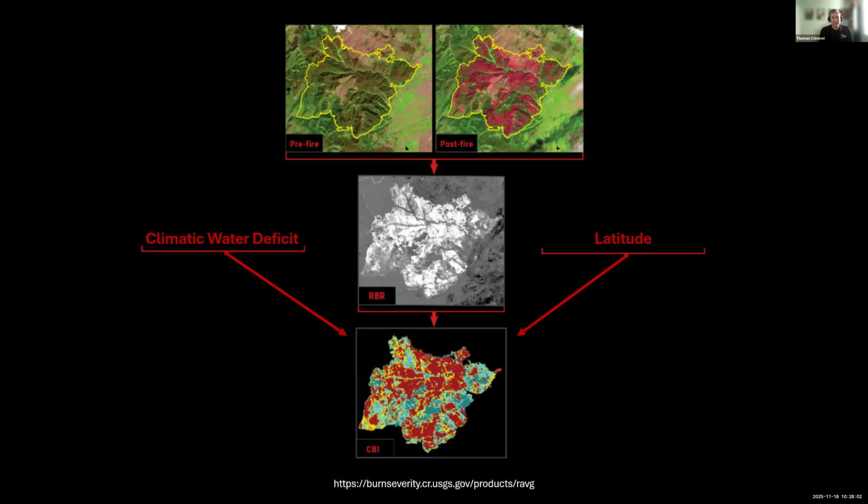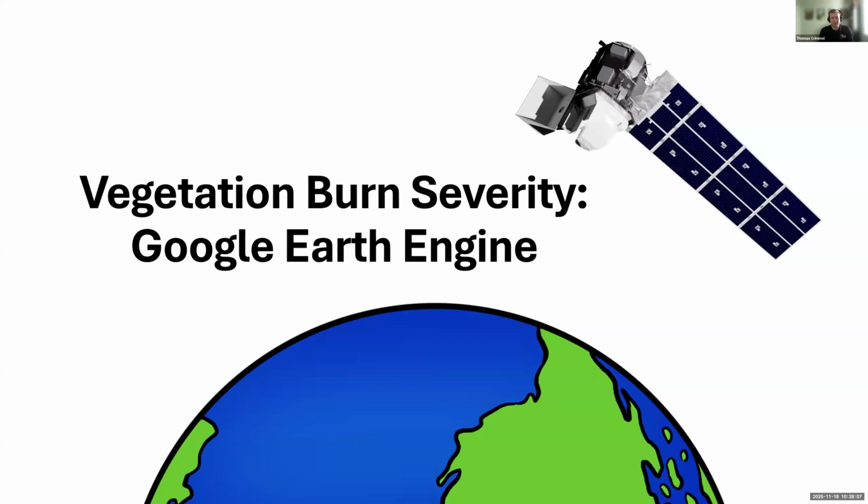So jumping into it, like I said, and I'll post this in the chat, there's a Google Earth Engine script that was published along with a paper that allows this data to be produced. This mainly looks at Landsat data for multiple years. The value of Google Earth Engine is it's all there on the cloud. You can just take it and process it.